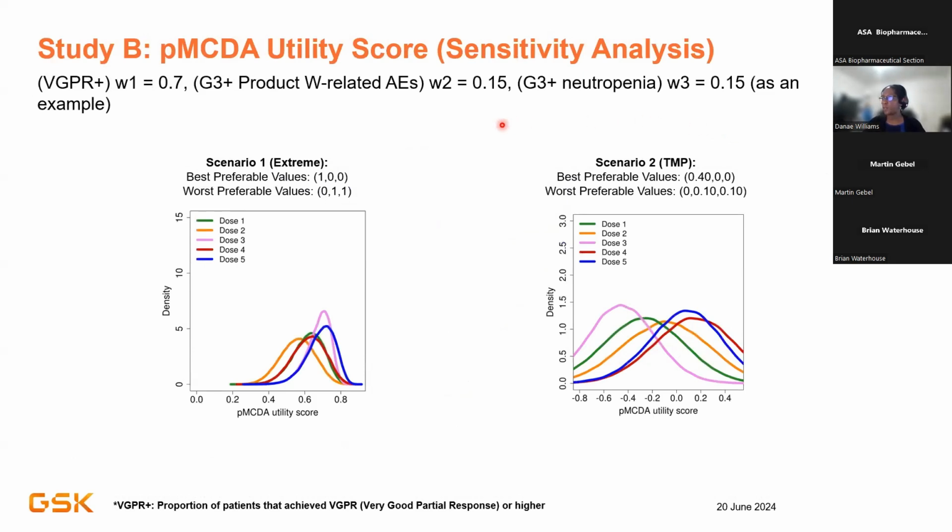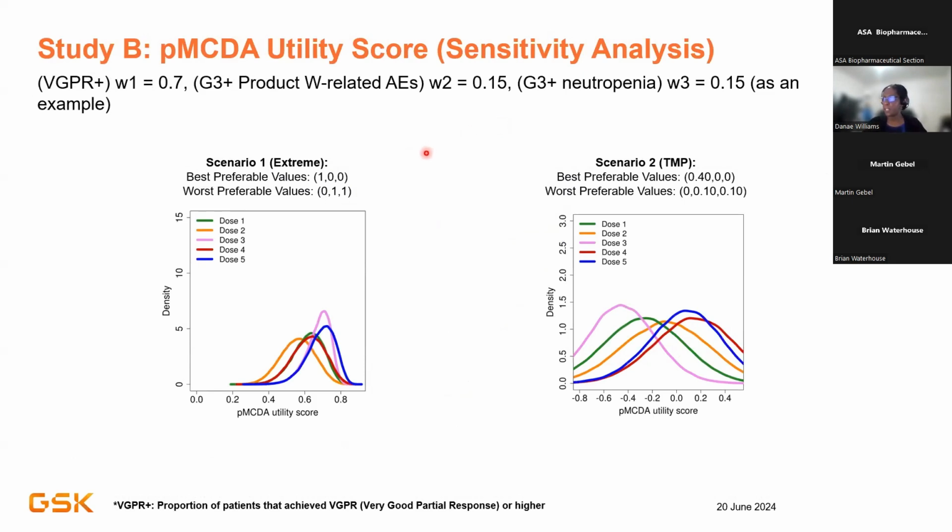And here, this is just to show you the results of that sensitivity analysis when performing the PMCDA. Again, we're using the same benefit and risk as well with their associated weights, similar to what was used in the CUI model.